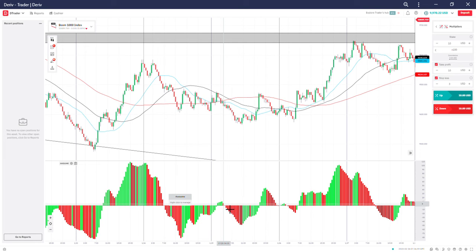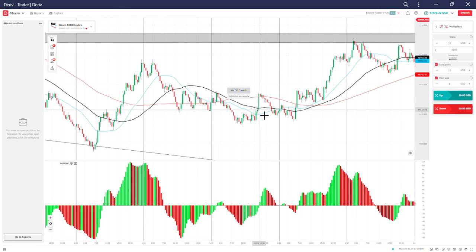Okay, so let's see this crossover strategy applied very well. We would have won this trade if we took a sell trade from this level. It would have taken us up to that level and won us some money. Looking at this one, probably we would not have won, because we would have taken the entry right here.